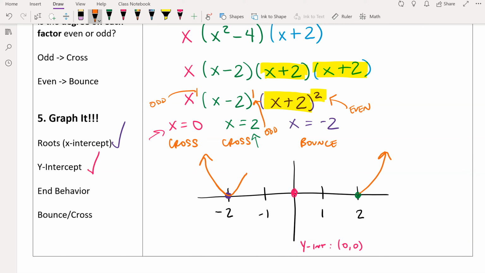And then at the other 2 points, at the pink root right here and at the green root on the far right, we are crossing on both of those. We found that here. So we're just going to go through the x-axis. You're going to cross through and then cross through. And then we're done. That is the graph. All right, that's notes. Now let's get some practice.